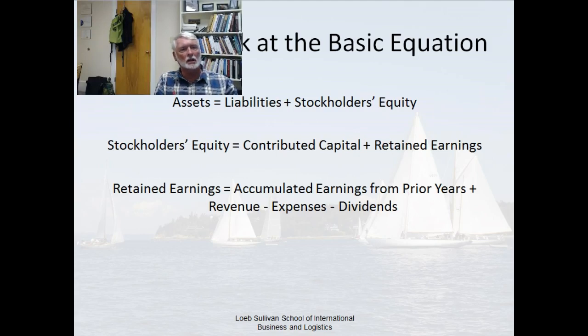So retained earnings is accumulated earnings from the past plus this year's revenue minus this year's expenses minus this year's dividends. So the income statement, revenue minus expenses equals net income, is really part of retained earnings. So you have to think about it that way.